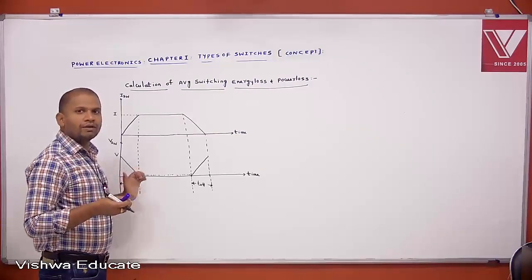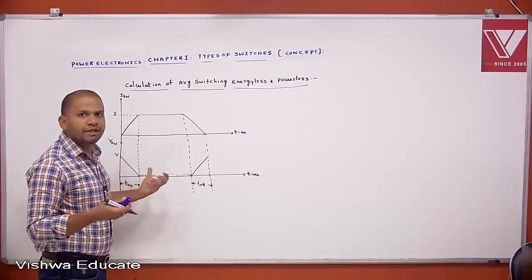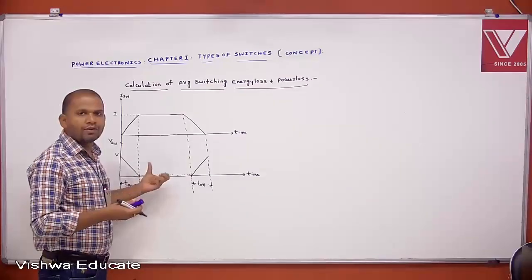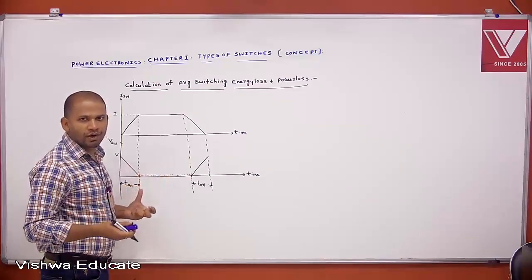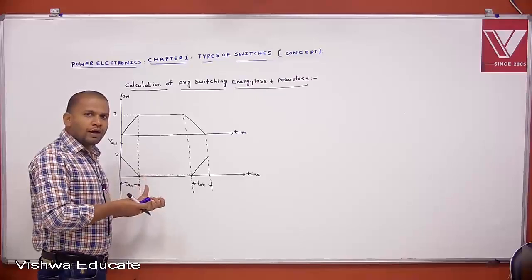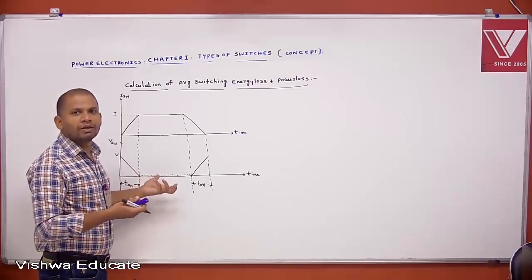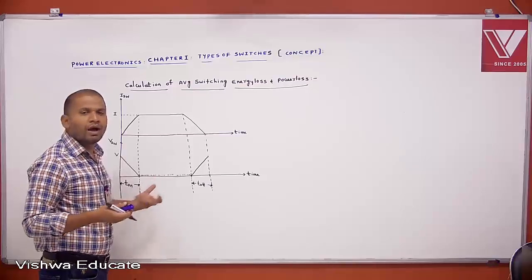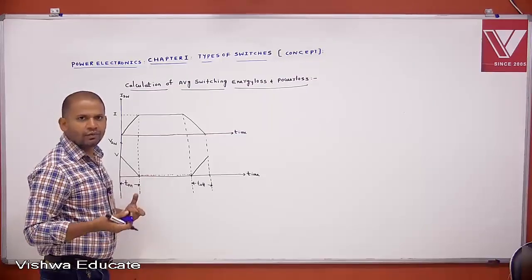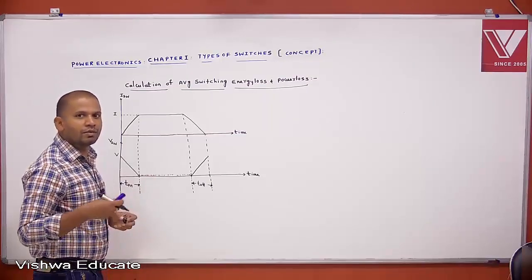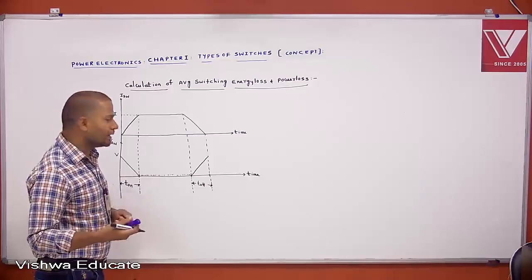Then I want to calculate the average on state switching power loss and average off state switching power loss. Once you know the on and off losses, then finally calculate the total power loss and the total energy loss in one operation. Total switching power loss, total switching energy loss.